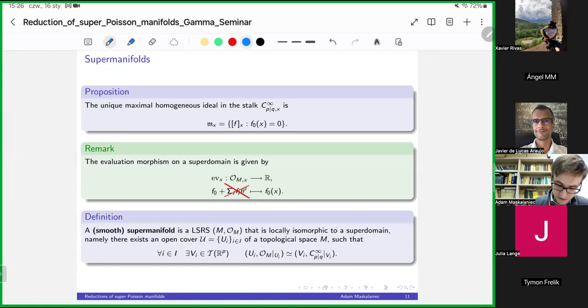And as I announced, a smooth supermanifold is a locally ringed space that is locally isomorphic not to R^p, but to a superdomain I introduced. So we have a cover of open subsets of M such that there exist open subsets of R^p, where with calligraphic T I denote the topology of R^p, such that we have compatible isomorphisms of our locally ringed spaces.